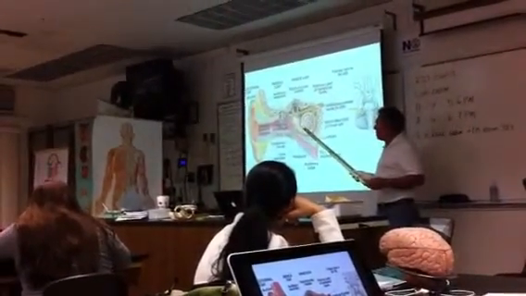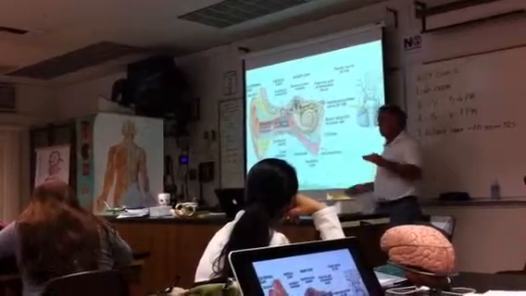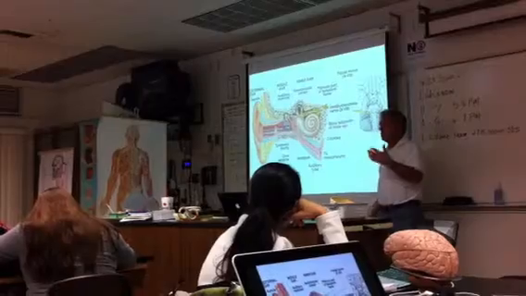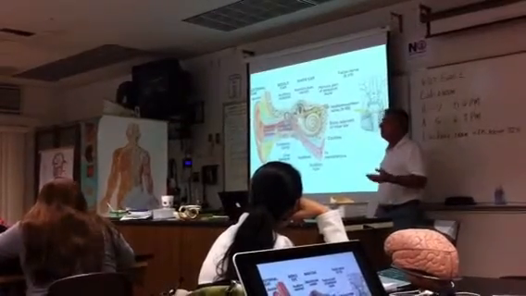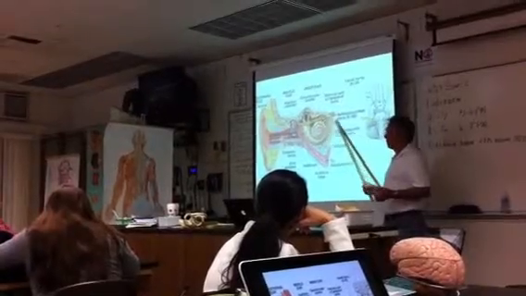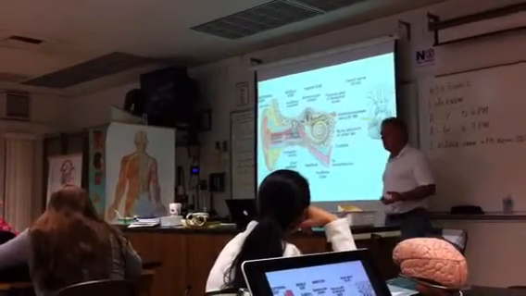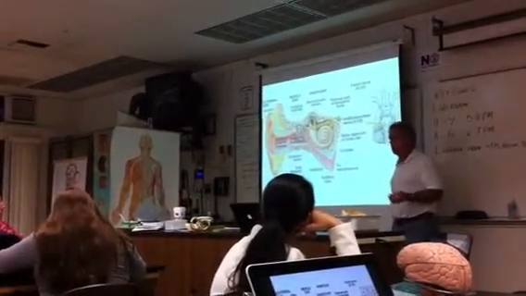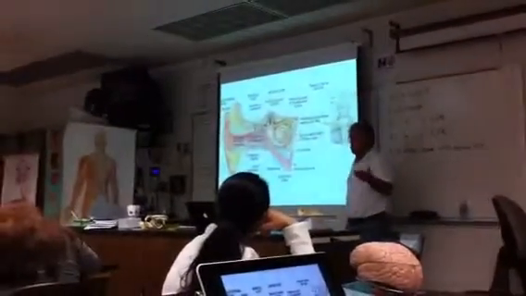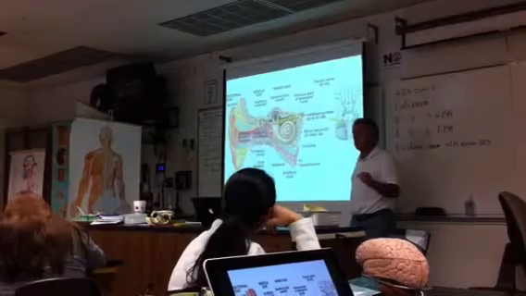Ultimately, those pressure waves cause little cells in the cochlea to vibrate. And when they vibrate, they send off neurotransmitters through one of the cranial nerves that you should remember, the vestibulocochlear nerve, number 8, to your brain. And your brain interprets that vibration as language, whatever language, English, Spanish, whatever it might be.